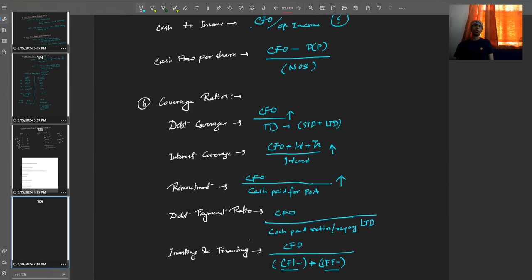This is the ratio which is called investing and financing ratio. Then there is one more ratio which is called the dividend paid ratio. This is equal to CFO divided by the dividends paid.